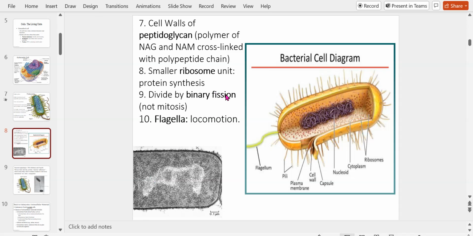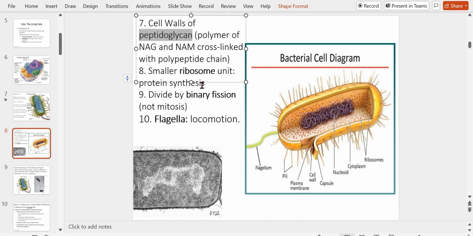And you'll see here the cell wall, we talked about this a little bit last week, the whole idea that it has this chemical called peptidoglycan. This is involved in the creation of the cell wall of the bacteria, and some antibiotics attack this peptidoglycan, creating a hole in the bacteria so that the contents can leak out and the bacteria dies.